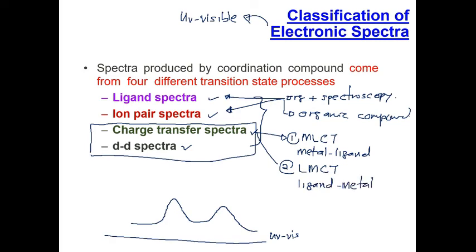We will look into that in this topic. And then the final spectra is the D to D spectra. D to D is the one involving the delta O, from the previous lecture, the difference between the T2G and EG, or the EG and T2G. So that is D to D spectra.